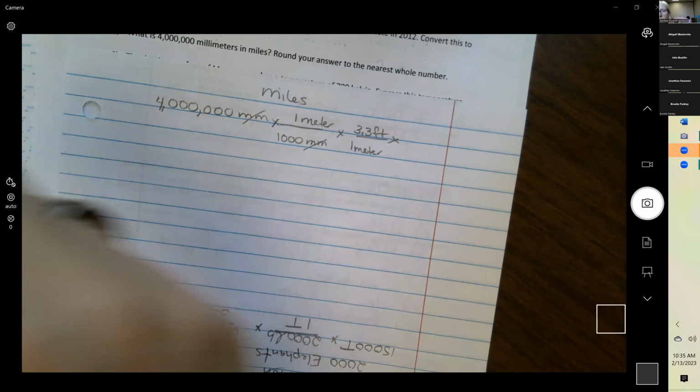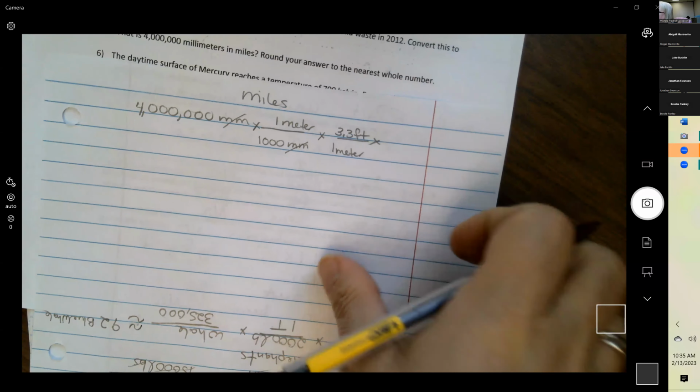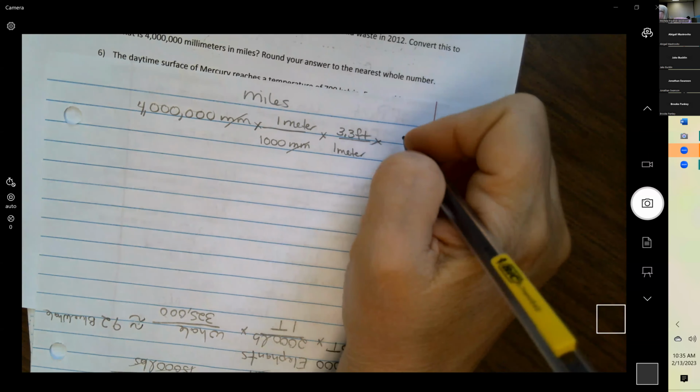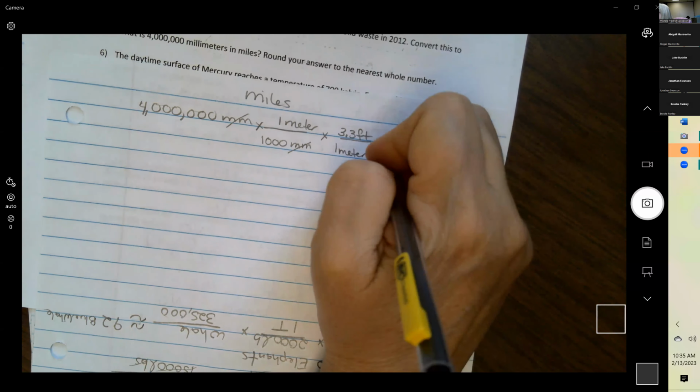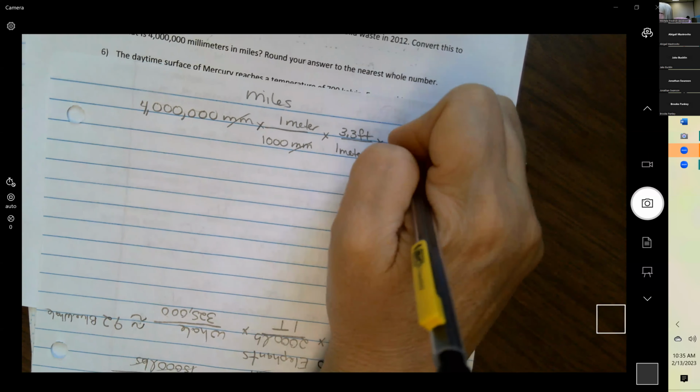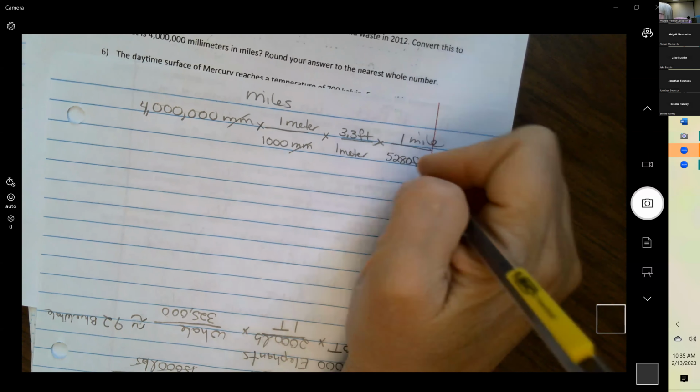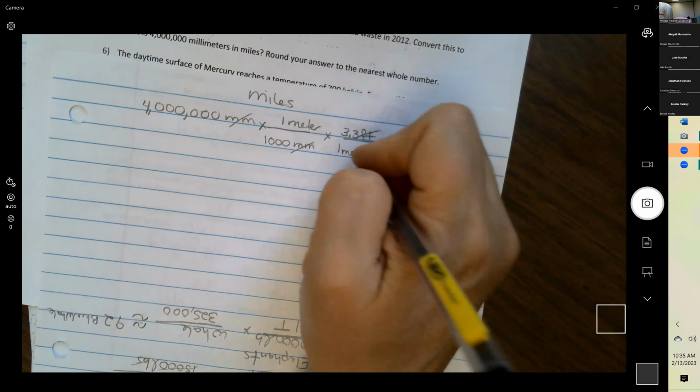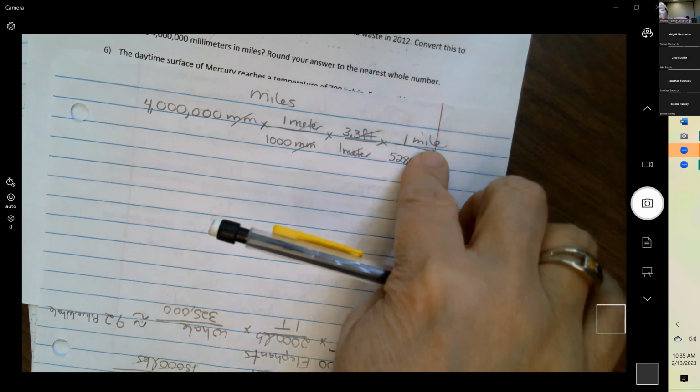That's on the formula sheet. Feet to miles, 5,280 feet is 1 mile. I put that on the bottom so the feet would cancel, the meters cancel, I have miles.